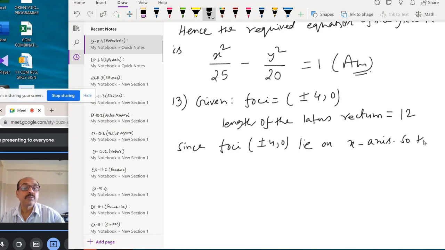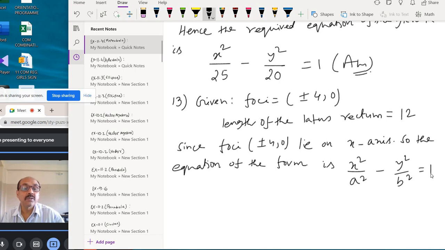So the equation is of the form x square by a square minus y square by b square equal to 1, because the focus is on the x-axis.